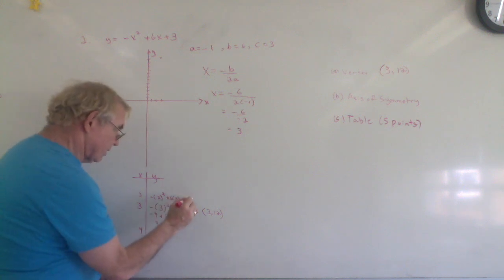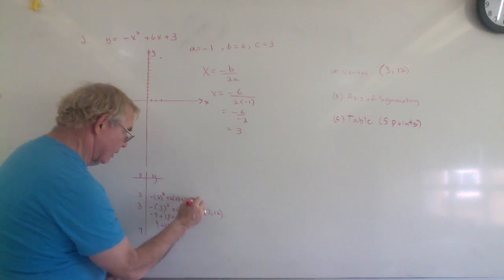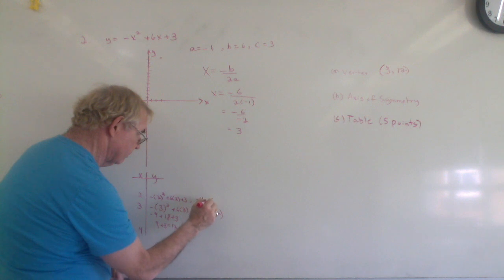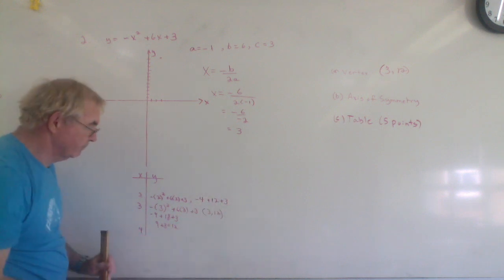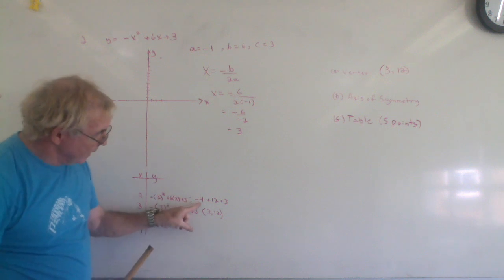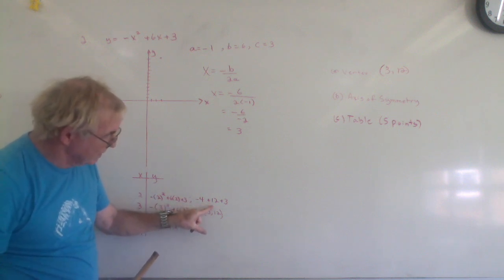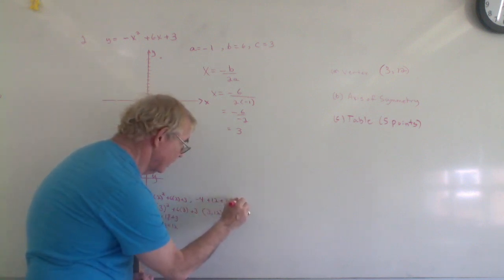which is going to give us, let's write over here, -4 plus 12 plus 3. Now, -4 plus 12 will be 8. 8 plus 3 is 11.